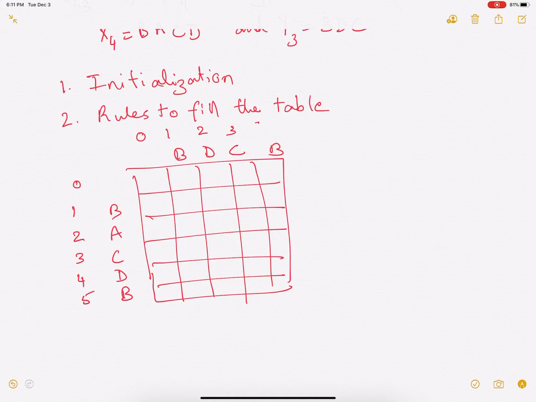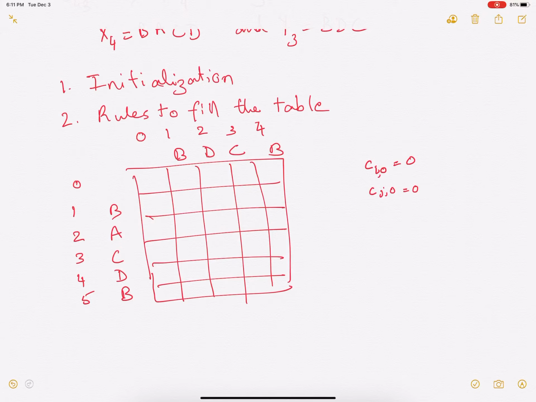Now what can you fill? What do you know? You know two things, that Ci0 is 0 and C0j is 0. Okay? Basically, the 0th row and the 0th column are both 0.